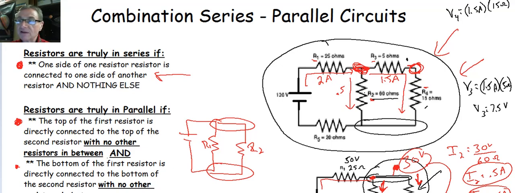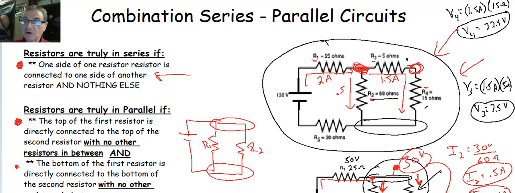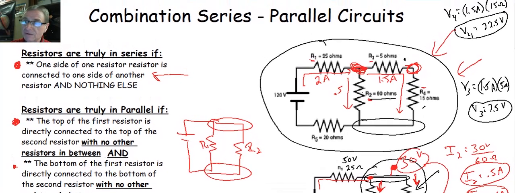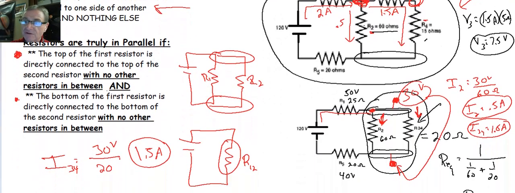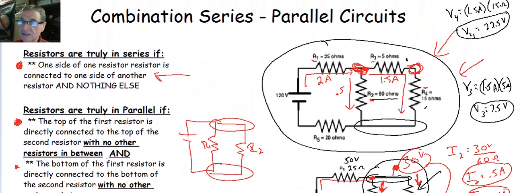And when we do this math, V4 turns out to be 22.5 volts. 22.5 and 7.5, if we add up the voltage across R3 and the voltage across R4, it better come to 30 volts because remember we had 30 volts across R34. All right, well, the sum of the voltage drop across R3 and R4 should come to 30 volts.